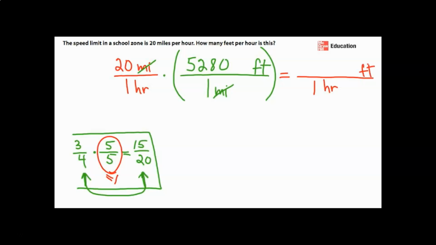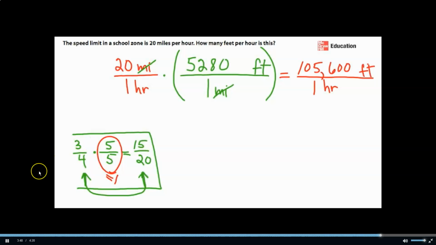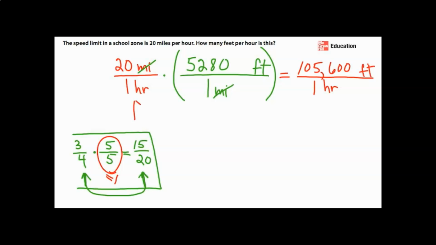And in the numerator, we multiply 20 times 5,280 to get 105,600 feet. So we've now converted the original rate, 20 miles per hour, to feet per hour.